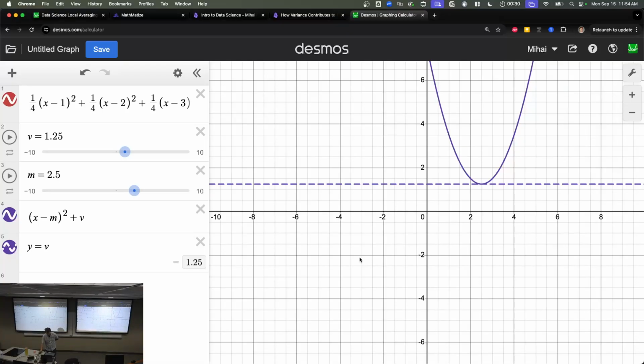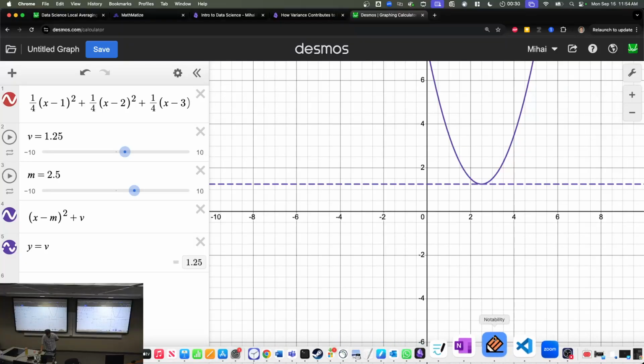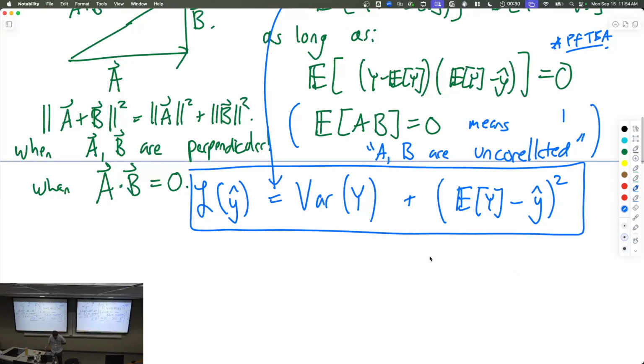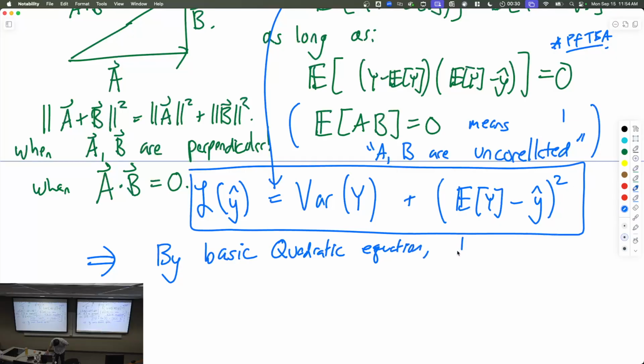Okay, there it is in graph form, and in math form, we can just write maybe a couple things. Therefore, by basic quadratic equations, the minimum is at y hat star equals the expected value of y.